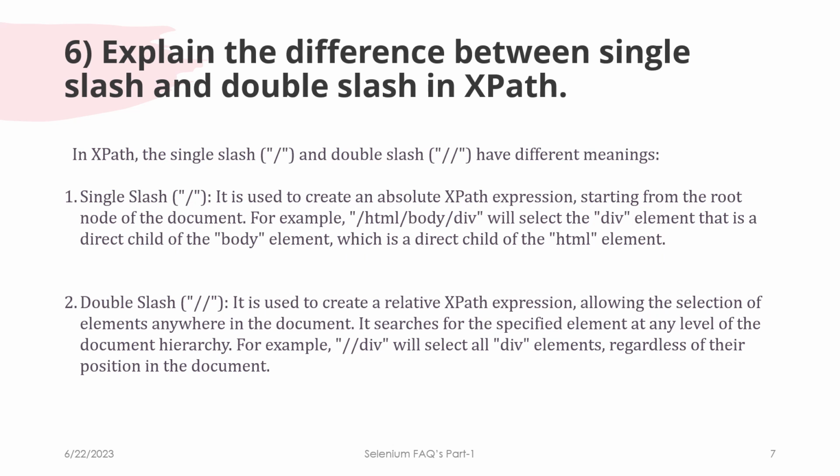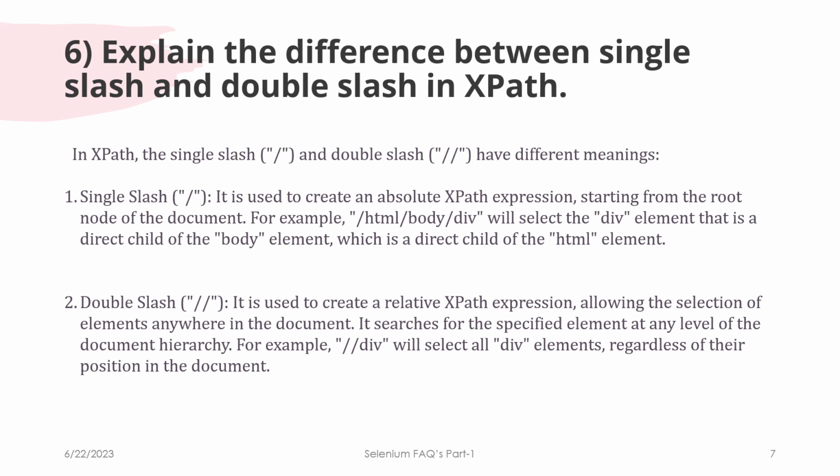It is used to create a relative XPath expression, allowing selection of elements anywhere in the document. It searches for the specified element at any level of the document hierarchy. For example, slash slash div will select all div elements regardless of the position in the document. So it is easy to use the double slash with the relative XPath.